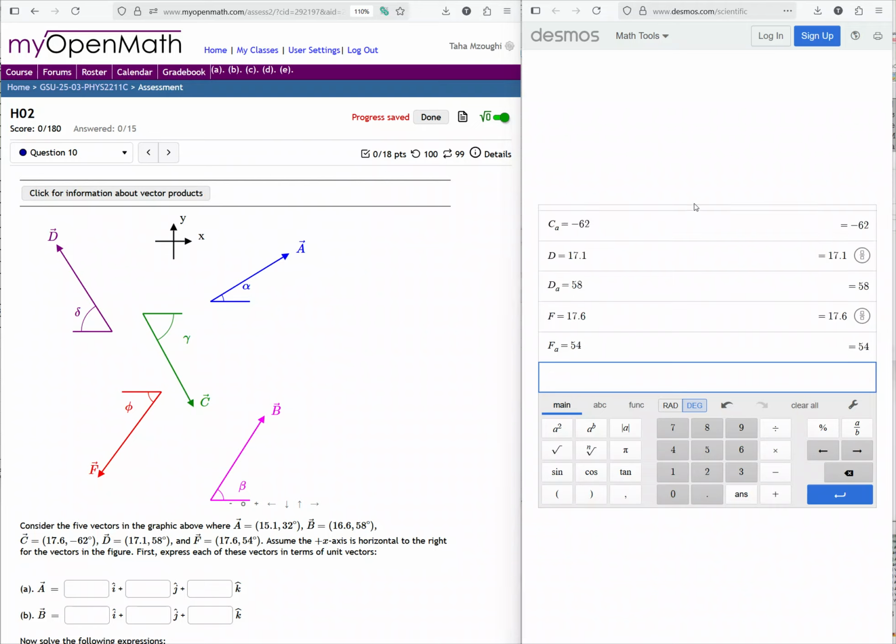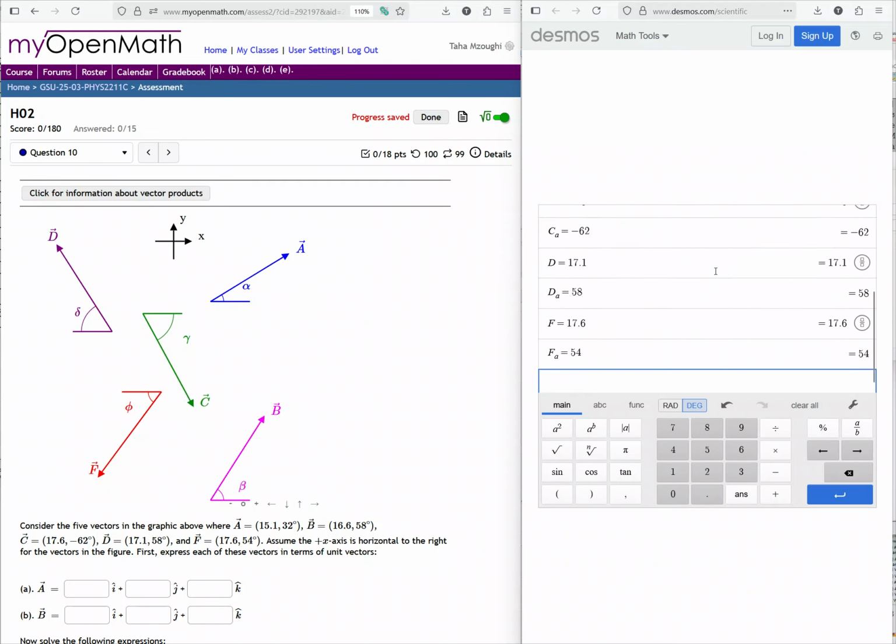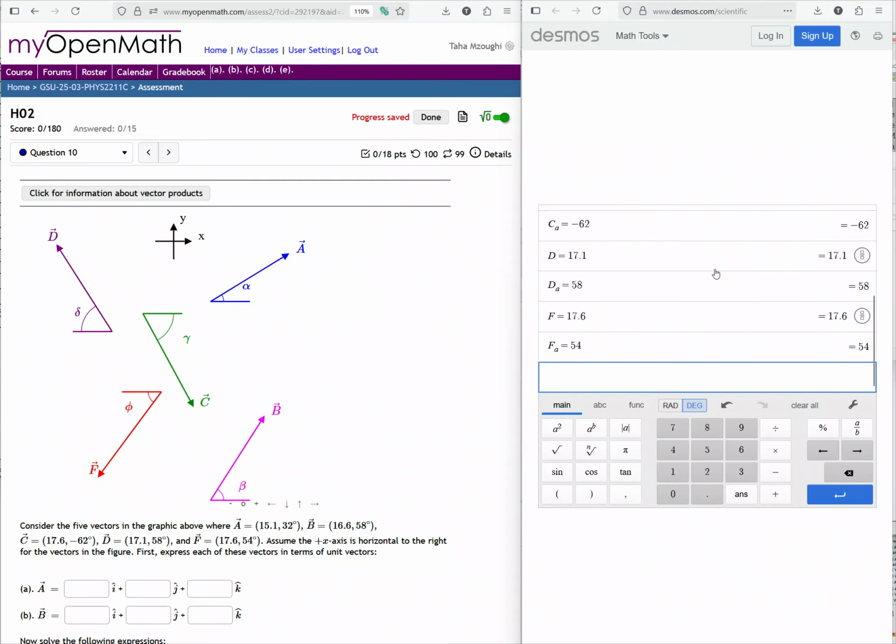Now that I have all the variables written, I'm going to start using it for calculations.